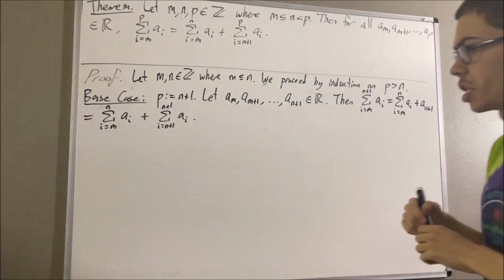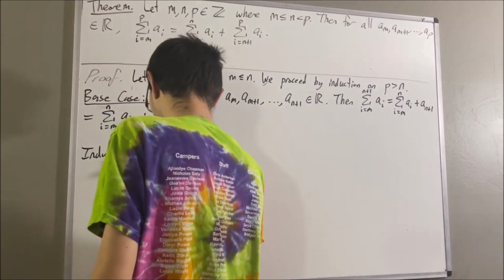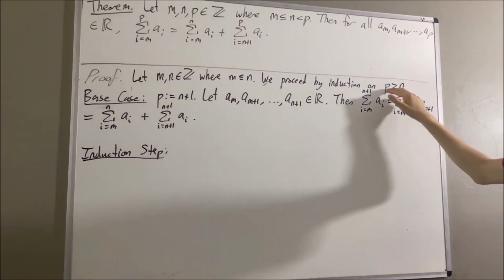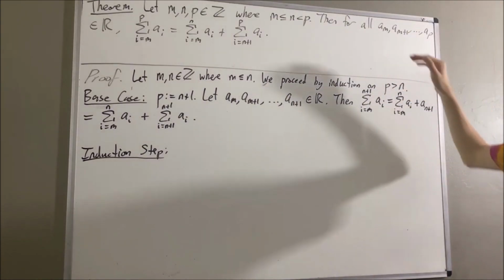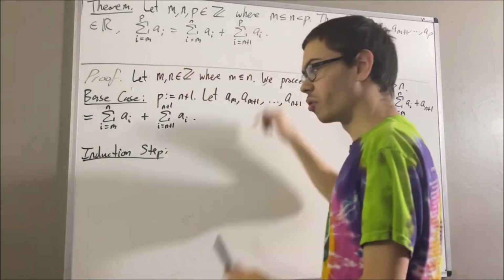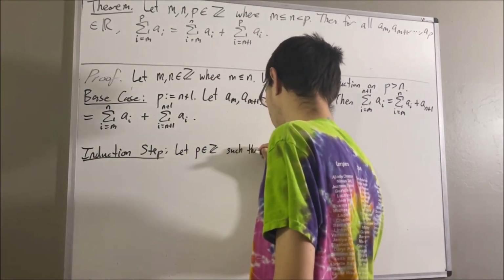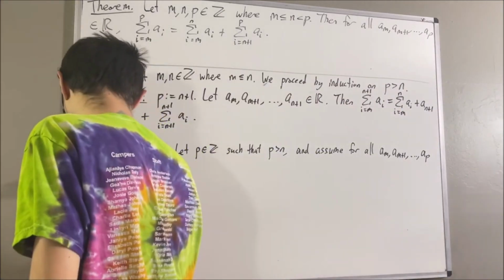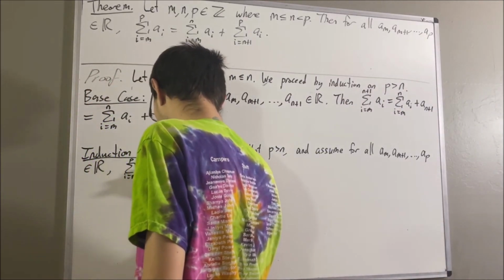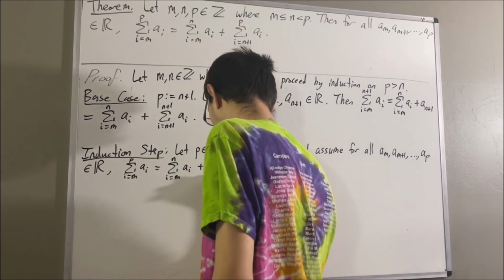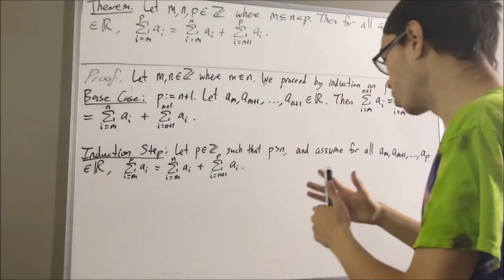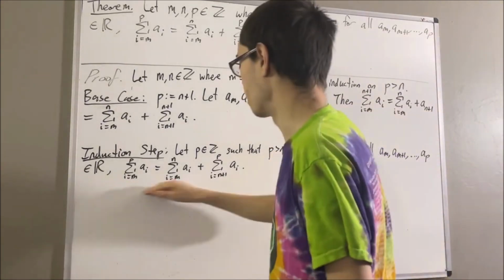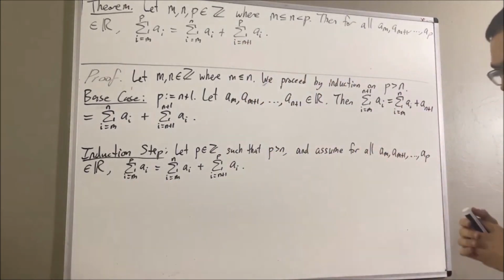Now let's move on to the induction step. In the induction step, we give ourselves an arbitrary integer p greater than n and assume that this is true. The whole goal of the induction step now is to prove that this is also true for p plus 1.